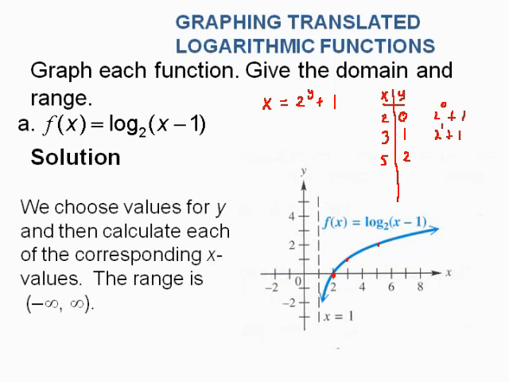And you can see closer how this graph behaves. Now, I would also like to put in, let's say, a negative 1 for y. What is 2 to the negative first power plus 1? Well, remember that 2 to the negative first power is really the fraction 1/2, if you bring the 2 to the first to the denominator, so we get 1 and 1/2, which would be about here on my graphing tablet.